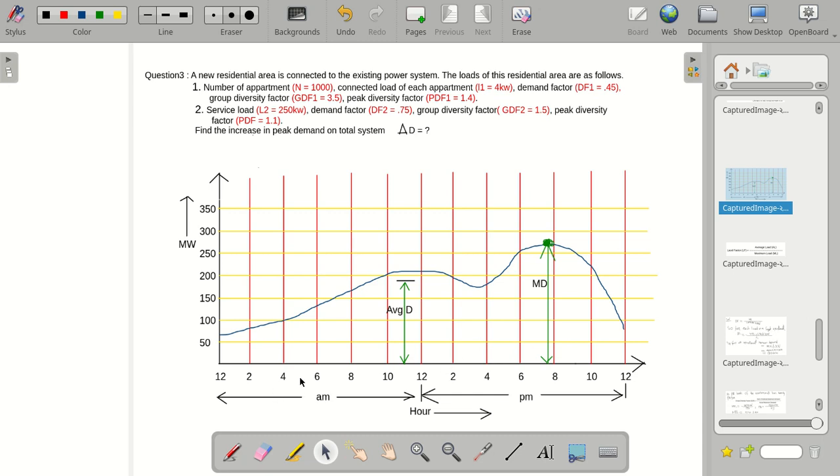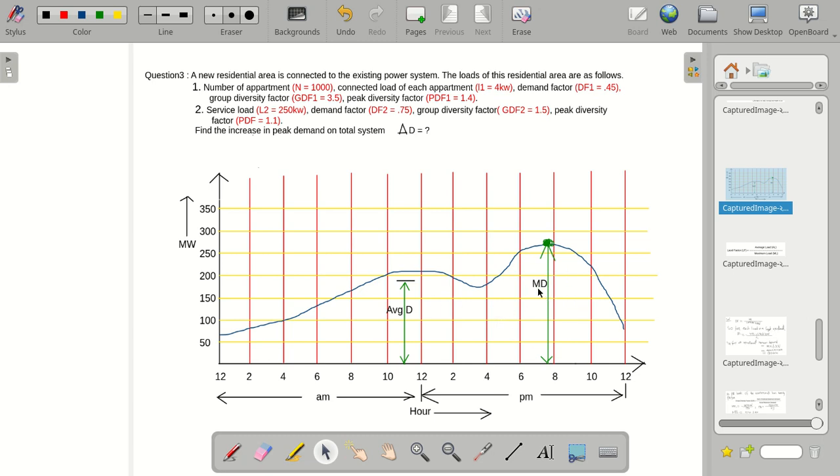You can see that from 4 a.m. to 6 a.m. the usual demand of a power system is 100 megawatt to 150 megawatt. If you find all the data of daily demand within 24 hours, then you can plot this load curve, and this load curve has some parameters.